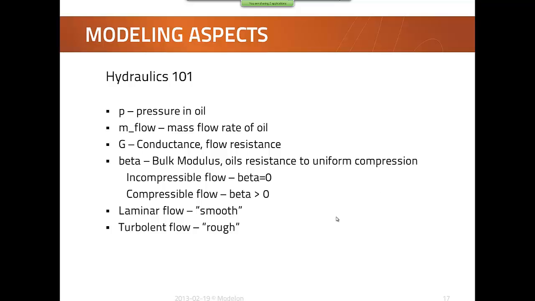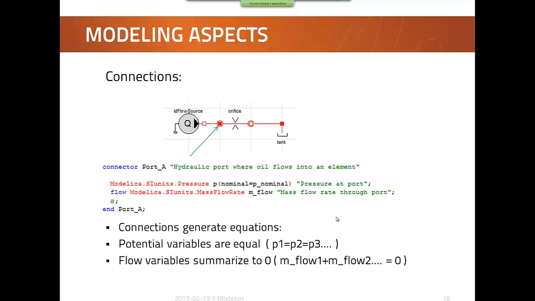G is the conductance, which is basically flow resistance. You have the bulk modulus called beta, which describes the oil's resistance to uniform compression. And you will have incompressible flow if beta is equal to 0, and you have compressible flow if beta is larger than 0. And then you have the concept of laminar flow, which is basically a smooth flow, and turbulent flow, which could be described as a rough flow.